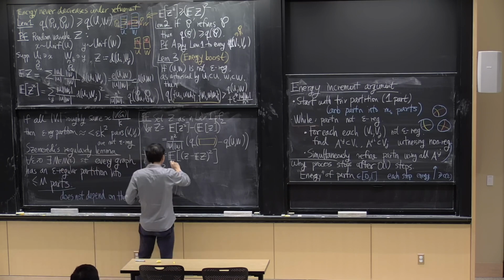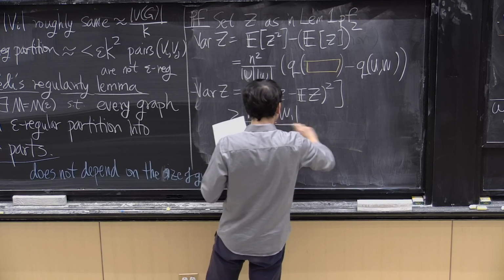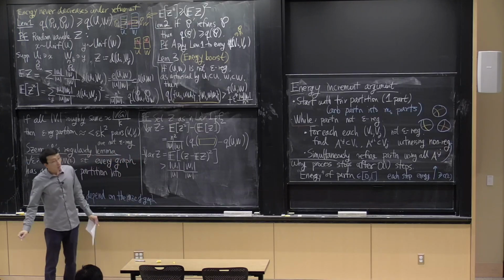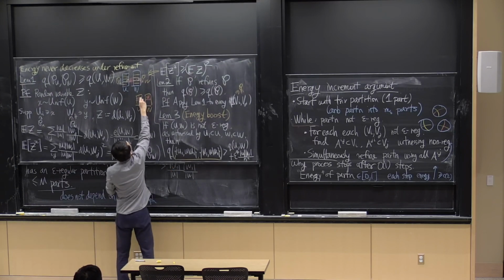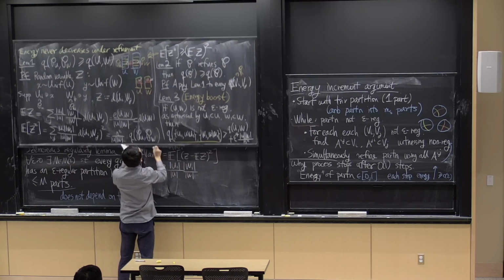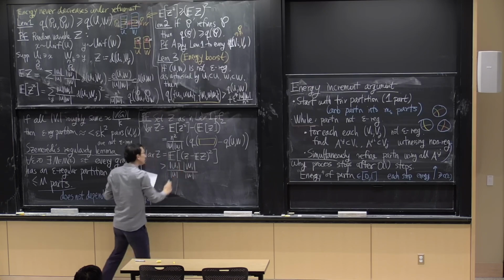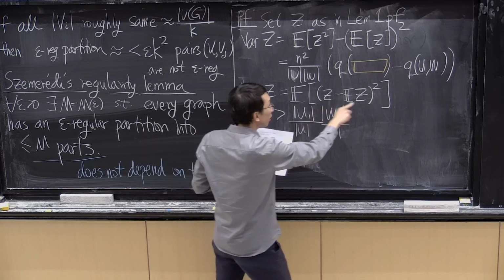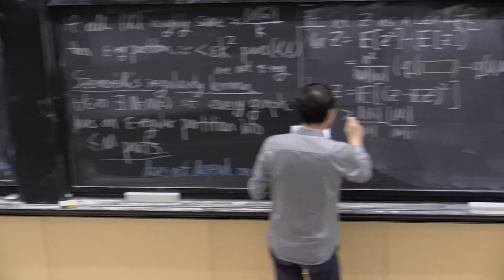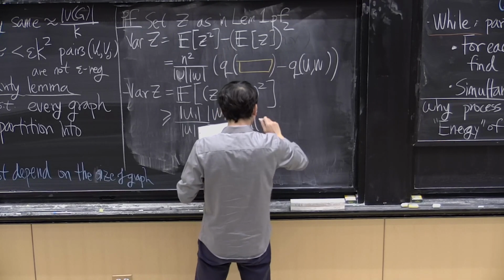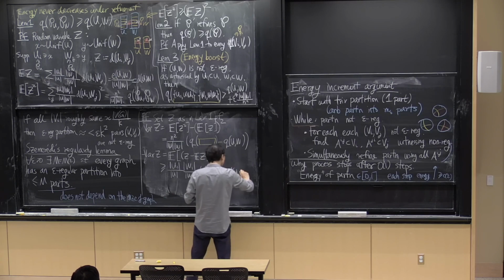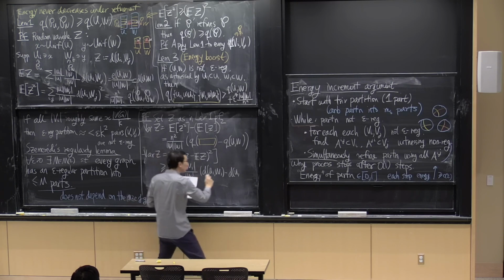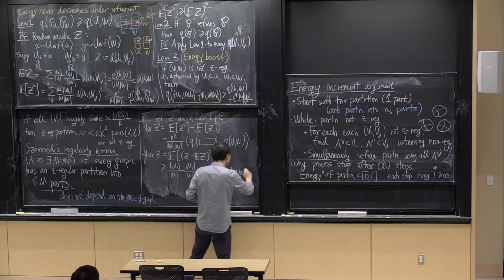In the event that they both lie in the sets that witness the irregularity, so in the event where x falls here and y falls here, which occurs with this probability, see that this quantity here is equal to the density between U1 and W1 minus the density, and this expectation of Z is just the density between U and W.